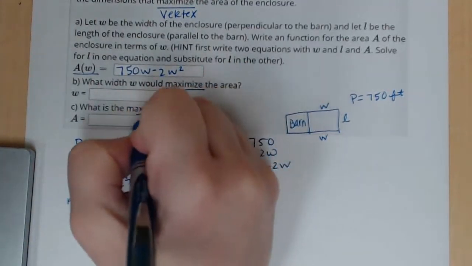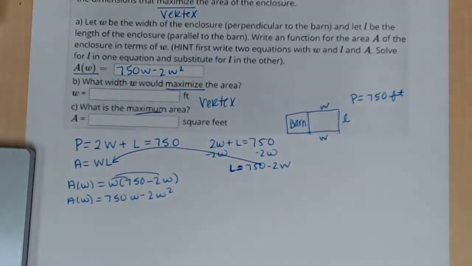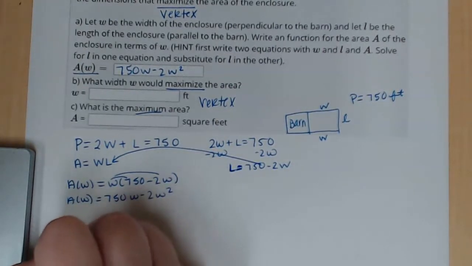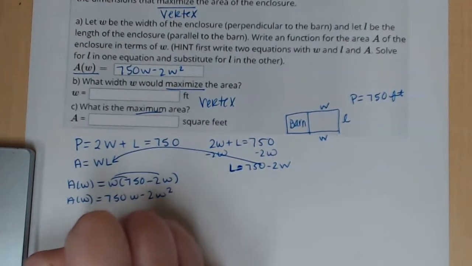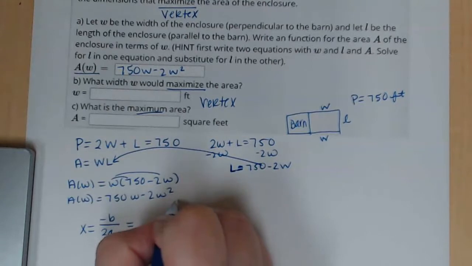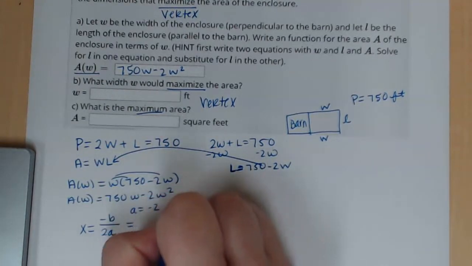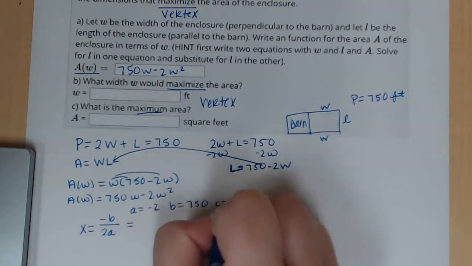So again, maximum, we need to be thinking vertex. And so I'm going to solve this for vertex. Remember, vertex is x equals negative b over 2 times a. Now if I line this up, this says that a is negative 2, b is 750, and c is 0.